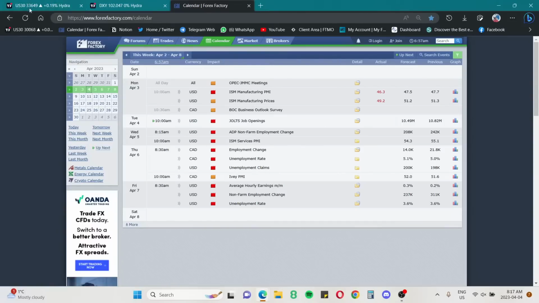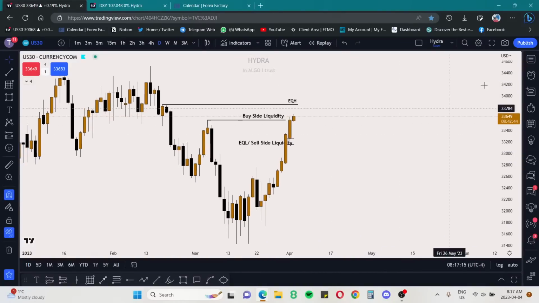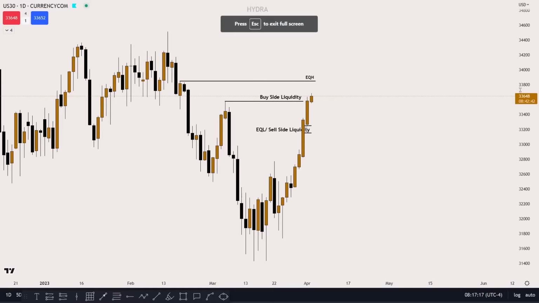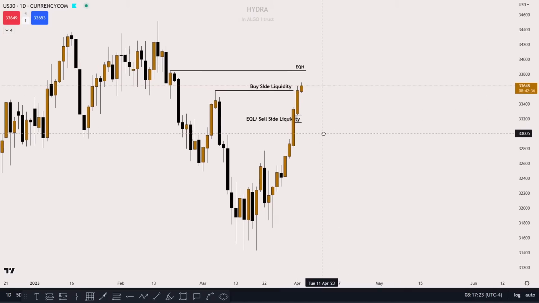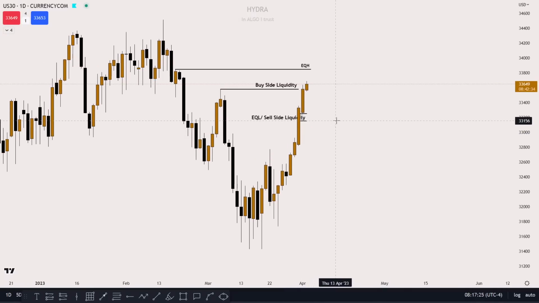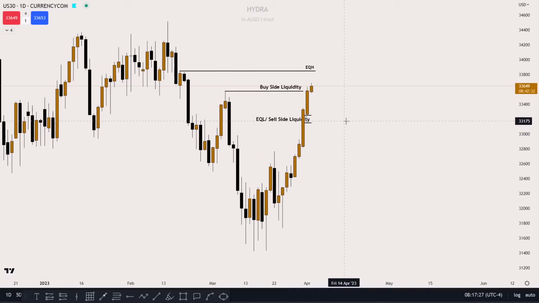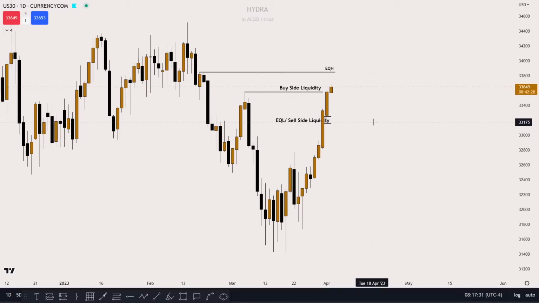What my experience tells me is that before the high impact news, price generates liquidity, and in the high impact news, price likes to take that out. So I prefer to be safe this week rather than trying to force any new trade idea.